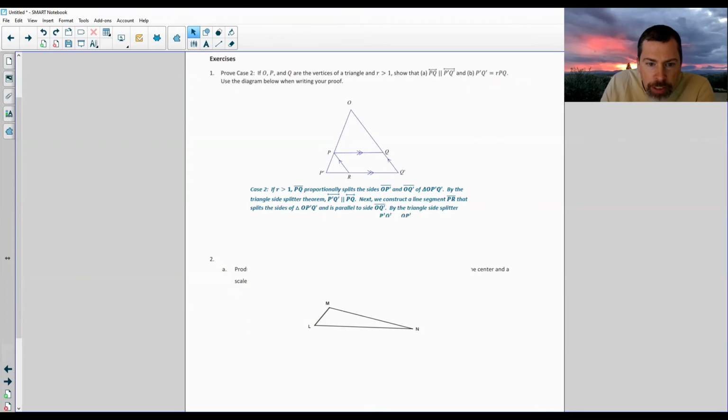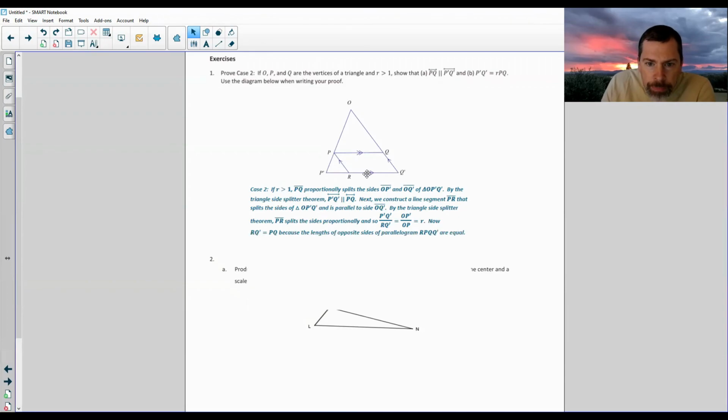By the triangle side splitter theorem, side PR splits the sides proportionally, so P prime Q prime is to RQ prime as OP prime is to OP, and they equal the proportion scale factor of R.